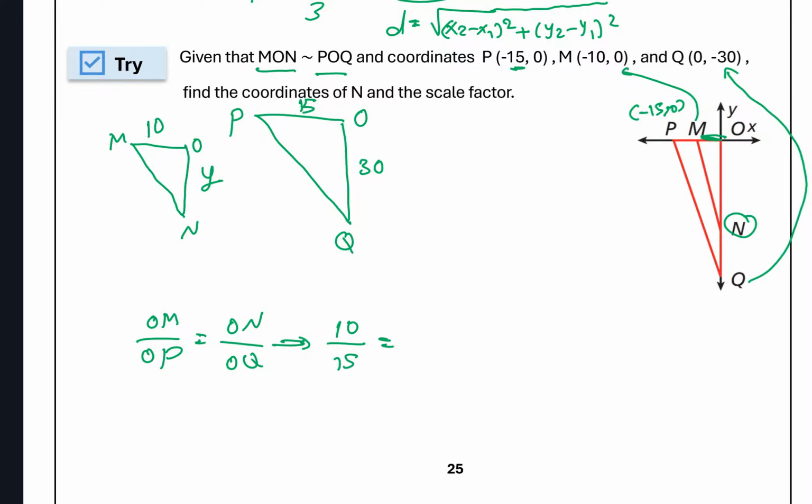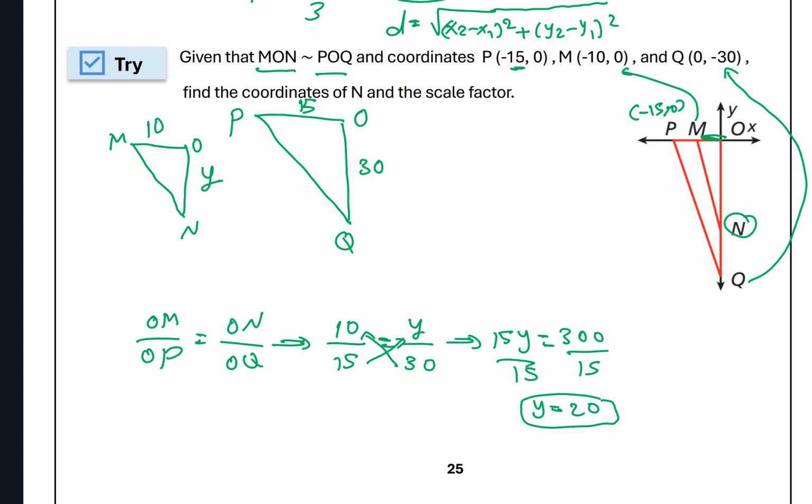It's the same as ON, let's say Y, over OQ, which is 30. You can do cross multiplication or simplify 10 and 15 together. No difference. So 15y equals 10 times 30 equals 300. Divide by 15 both sides. Y equals 20. Right?